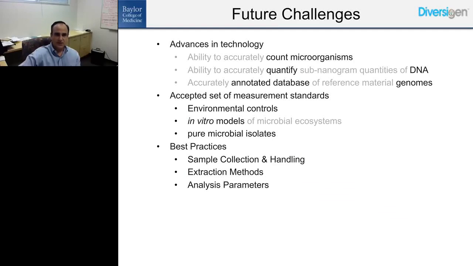So some of the future challenges for developing reference material for metagenomic sequencing would be that we need some advances in technology. So the difficulties that we encountered in this project were our ability to accurately count microorganisms. The techniques that we used weren't sufficient, they lacked the accuracy that we need.